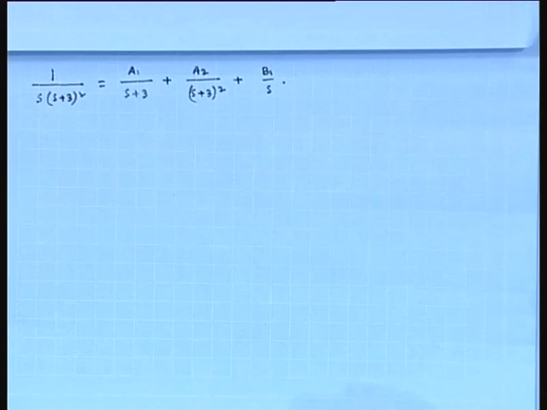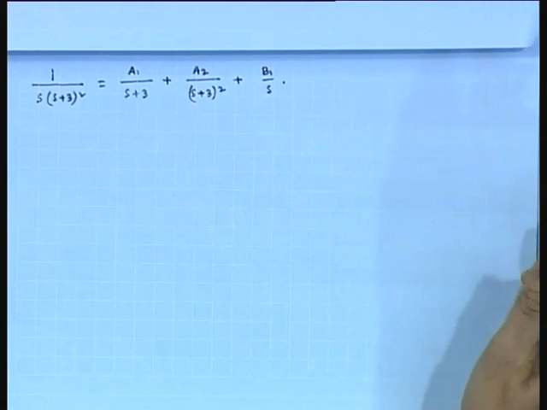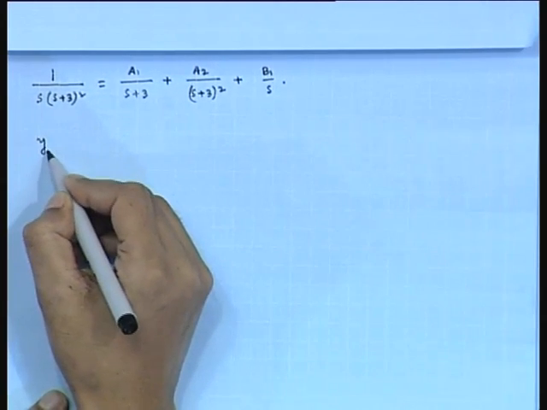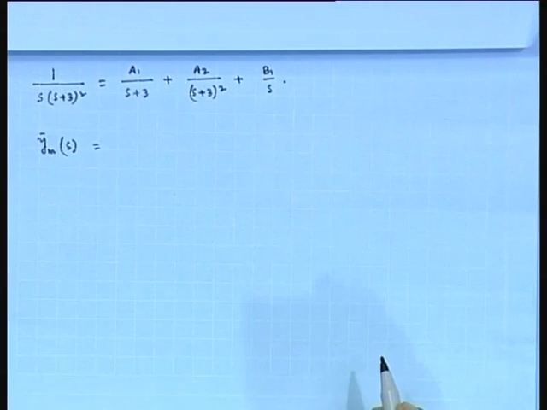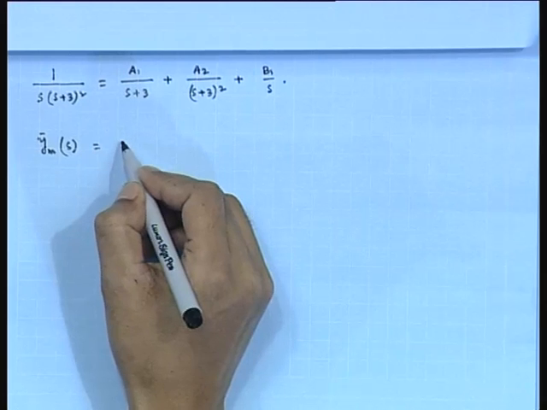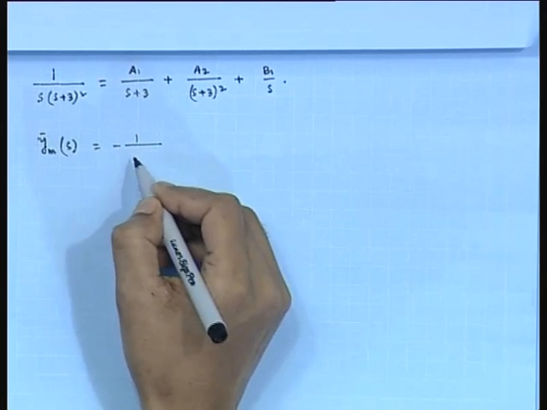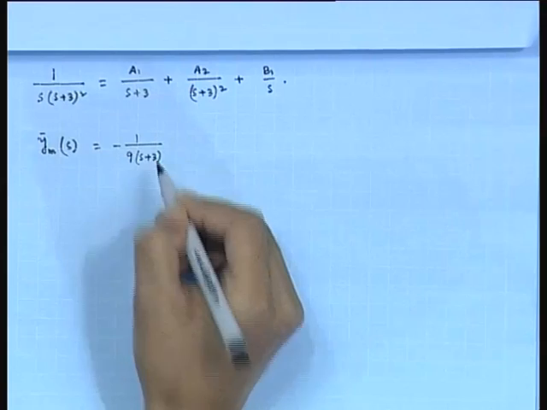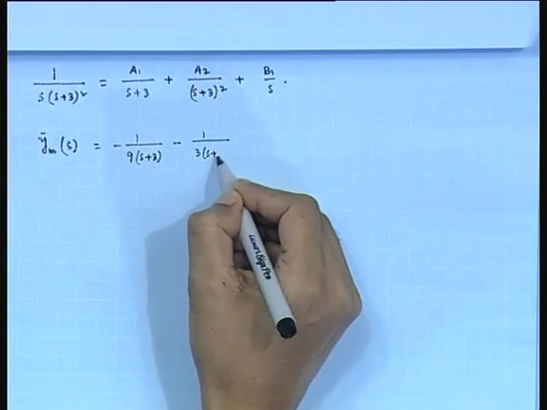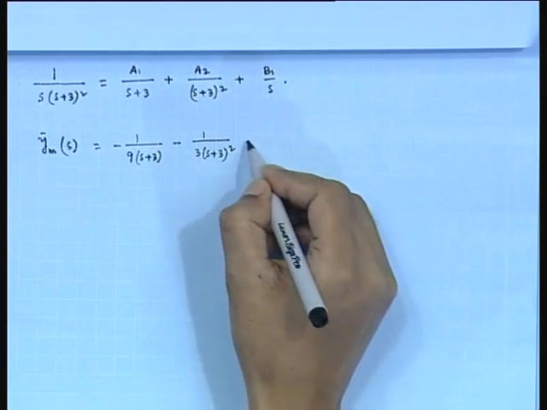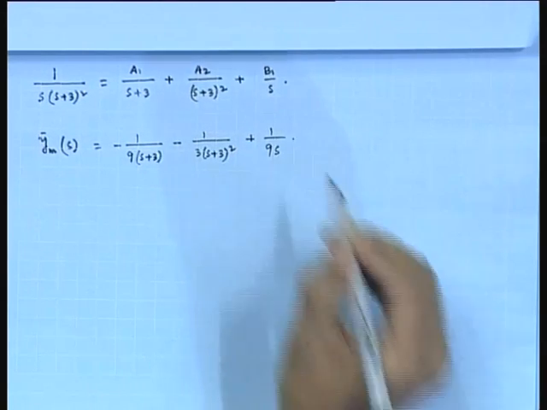In the next step, we need to determine the values of these coefficients a1, a2 and b1. Finally, we will get this form: ym bar s equals minus 1 divided by 9 (s plus 3), minus 1 divided by 3 (s plus 3) whole square, plus 1 divided by 9 s.